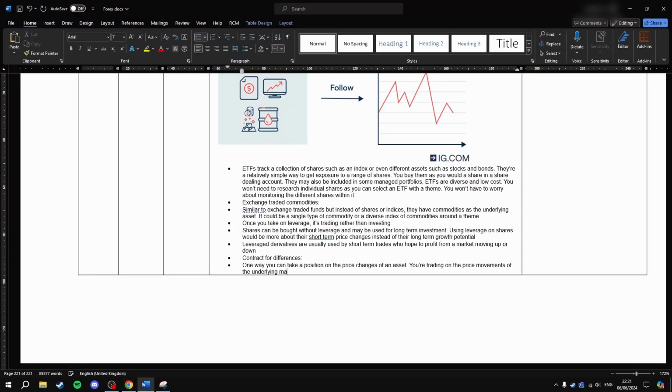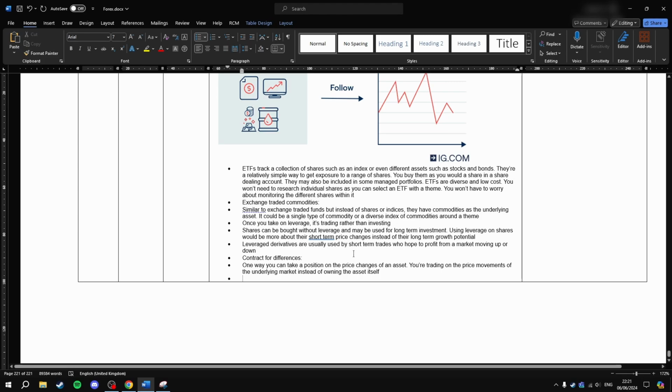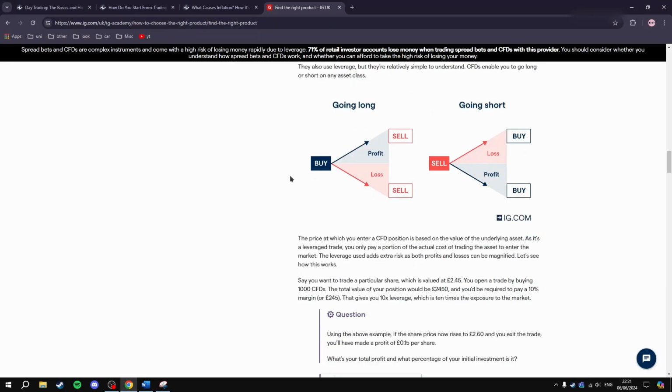You're trading on the price movements of the underlying market instead of owning the asset itself. They also use leverage, but they're relatively simple to understand.